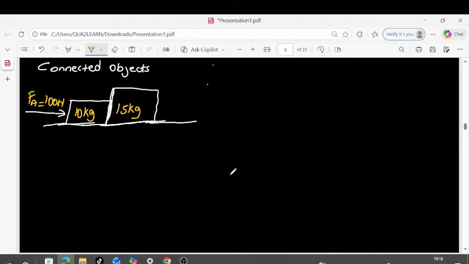This is a 10 kg block resting against a 15 kg block on a rough surface. Note the following: this is a rough surface, which tells you that we have friction. Then a 100 N horizontal force is applied to the 10 kg block.